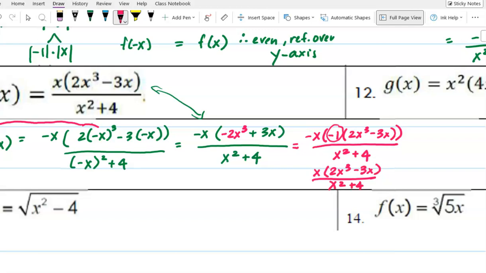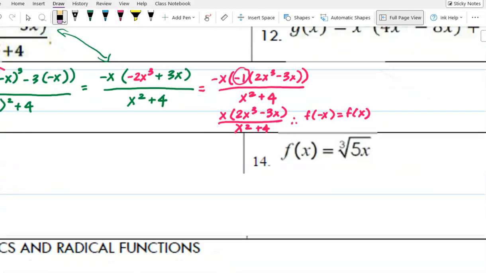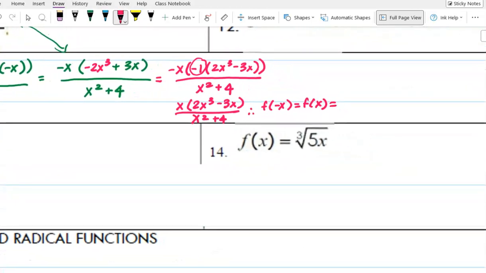And what you notice is that it looks exactly like the original function. So therefore, f of negative x equals f of x. So we know that this implies that it is even, and that implies that the graph is symmetric about the y-axis.